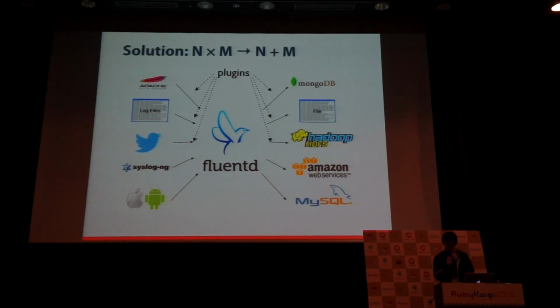Then with plugins, you add one plugin to input a new system, and immediately the new input can copy the data to all of the outputs you have. The same thing happens for output. When you want to add another output, you just add one single plugin, not the same number as the input plugins. So then it's easy to manage the logs.